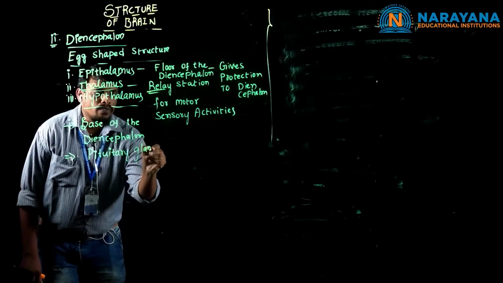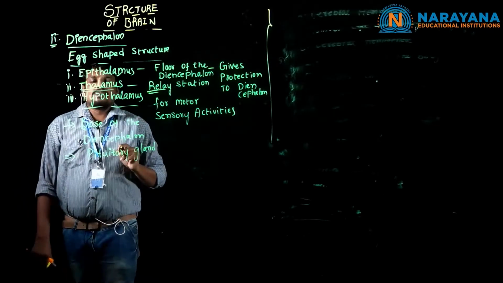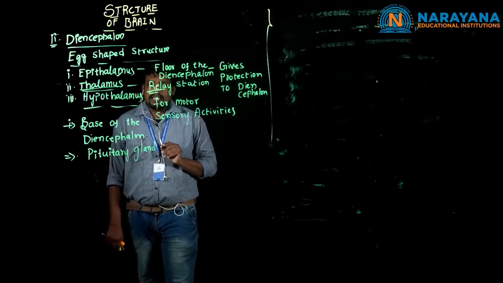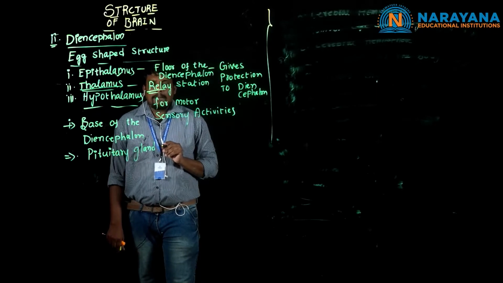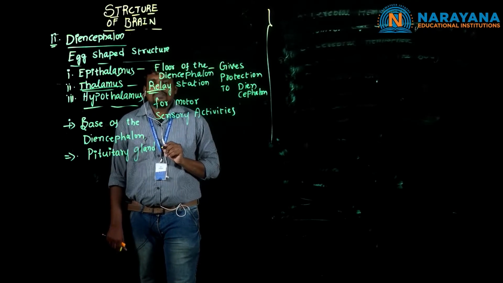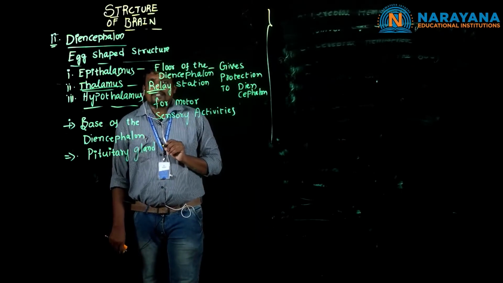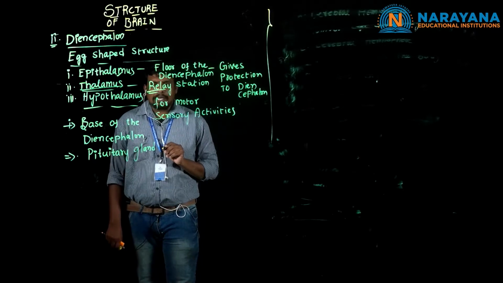What is the importance of hypothalamus? The hypothalamus is the base of the diencephalon that contains pituitary gland. What is the importance of pituitary gland? It produces some of the hormones which help in the growth and development of our body.